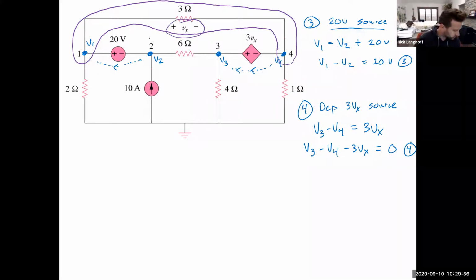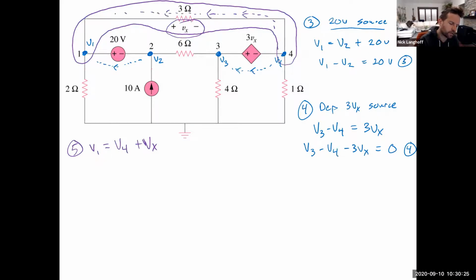So we can see that here's equation 5. V4 is on the negative side of Vx, the voltage across that 3 ohm resistor. If you add Vx to it, imagining yourself taking a little walk along this circuit, then you encounter Vx, you add that Vx to it, that brings you all the way to V1.